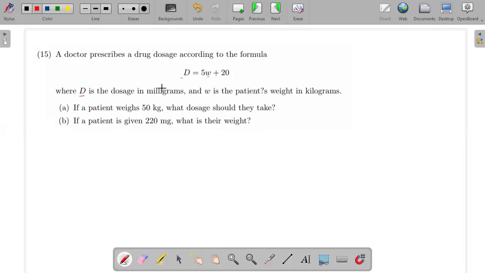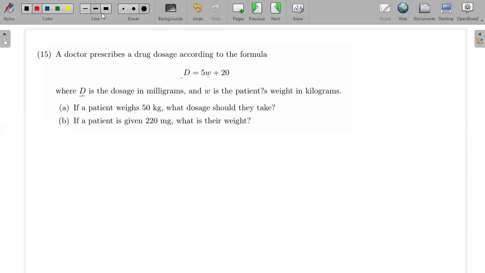So how do we do this? If a patient weighs 50 kilograms, what is the dosage? What should they take? We have D already as 5W plus 20.